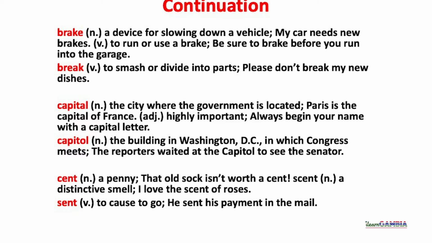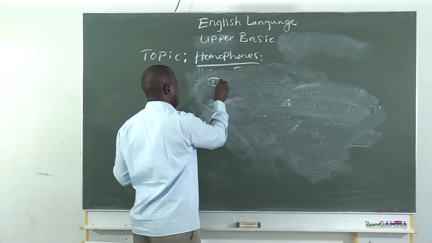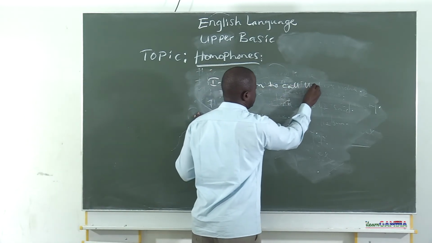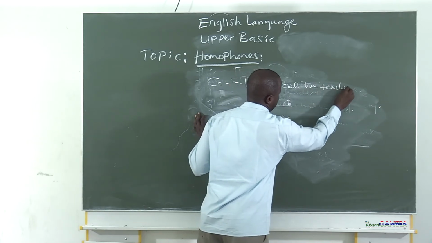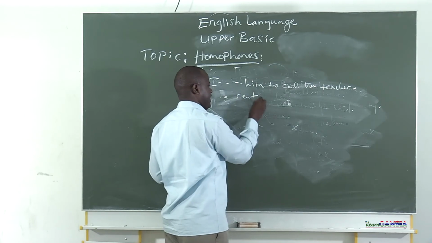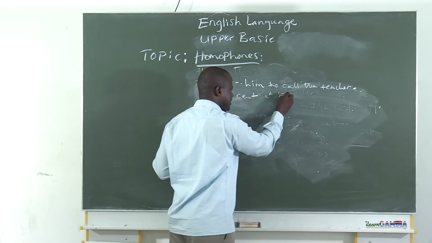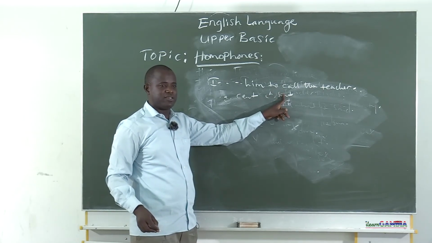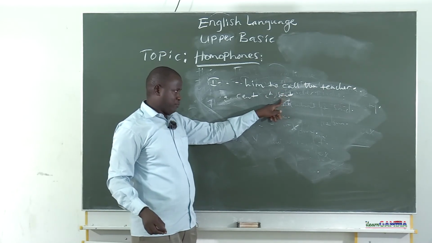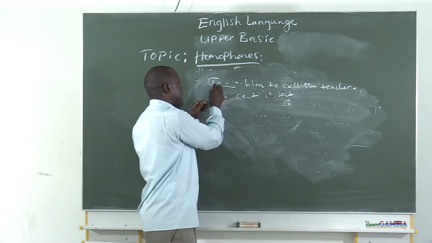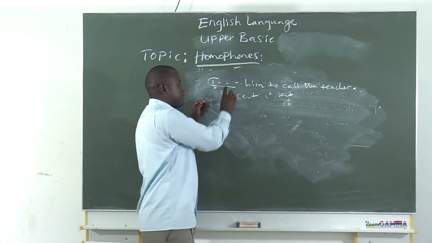Now let's take this example, because sometimes we use them wrongly. I asked him to call the teacher. Now if I give you option A, cent, B, sent, in that case I expect you to use sent, because it's the verb, and after the subject you need a verb.